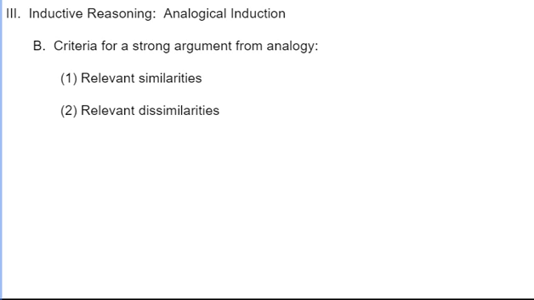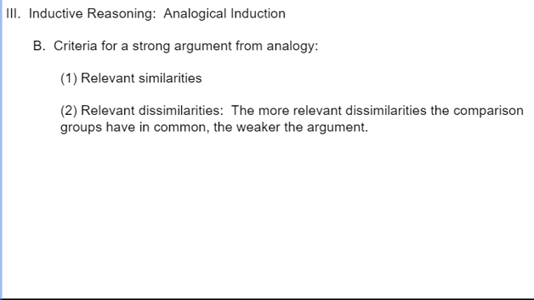Relevant dissimilarities are not good. Right? The more relevant dissimilarities the comparison groups have, the weaker the argument. So for example, if we go back to the mouse example, there's lots of dissimilarities between human beings and mice, right? There's lots of dissimilarities between me and a mouse that are relevant.